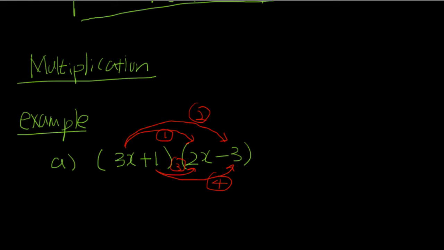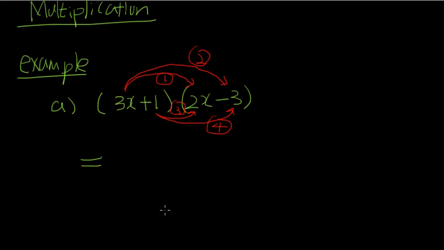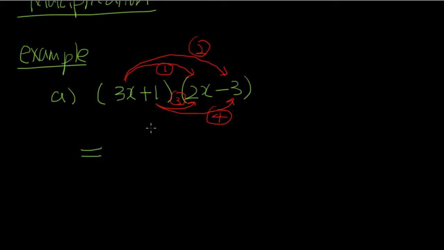So when you multiply 3x times 2x, let me actually write the whole thing. 3x times 2x.